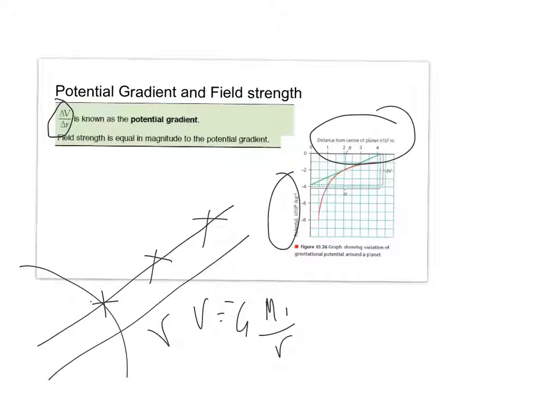Now, if you have to work out the potential gradient of a potential distance graph, then on the point in question, you would have to draw a tangent and then work out the gradient of that tangent.